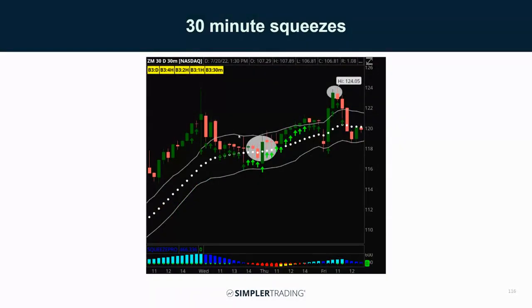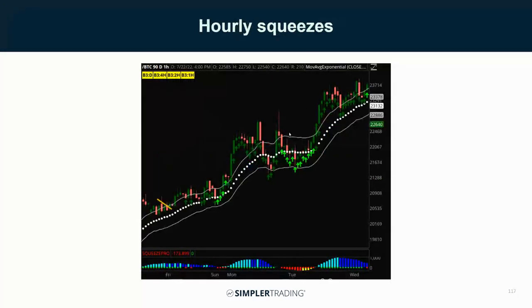But then you run the scan, you find something on the 30-minute chart like Zoom. There's that moment in time. We're building up energy, right? Zoom is pounding back on some Gatorade, getting ready for its next push. Our pretty green arrows tell us the odds really favor that squeeze fires to the upside.